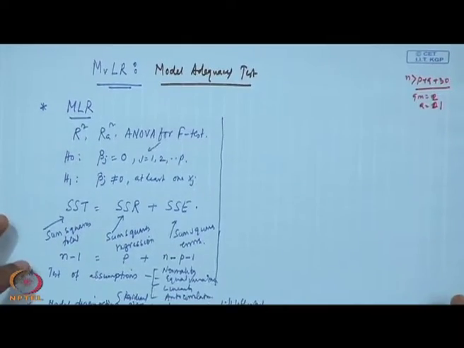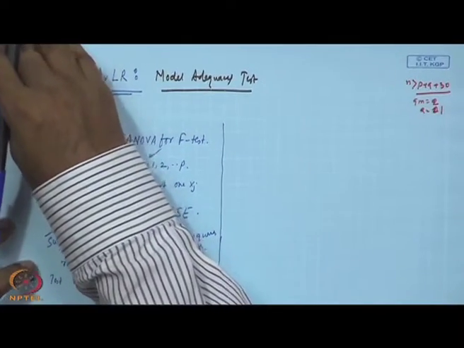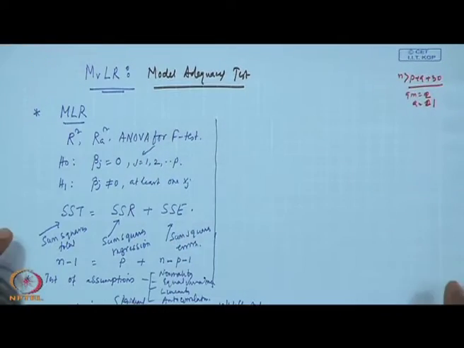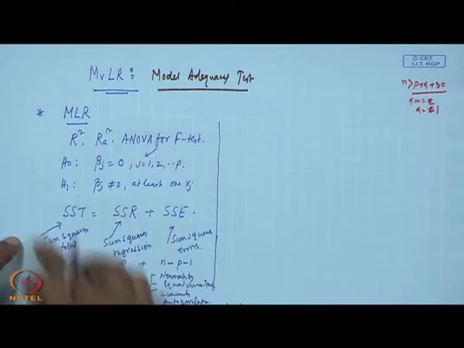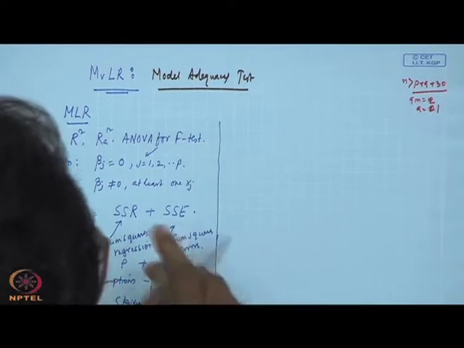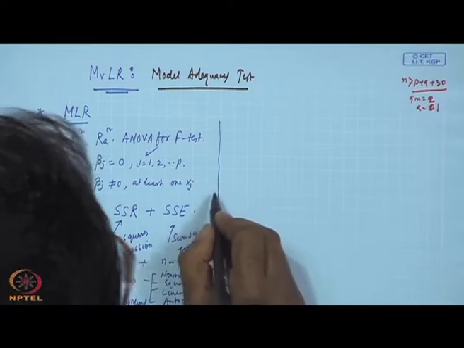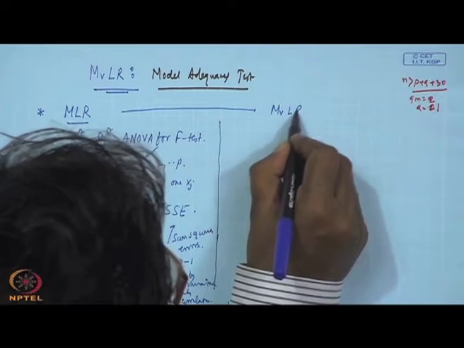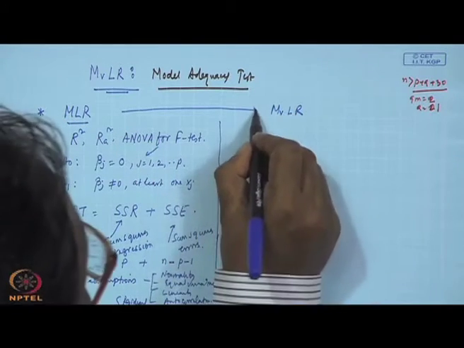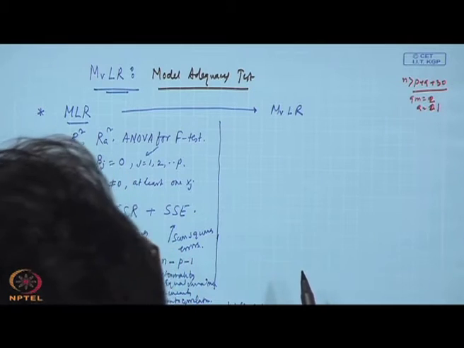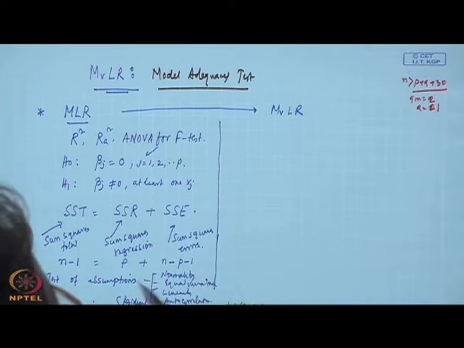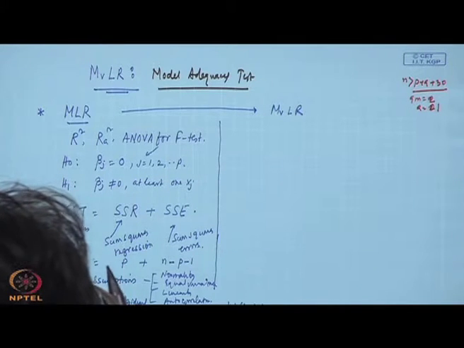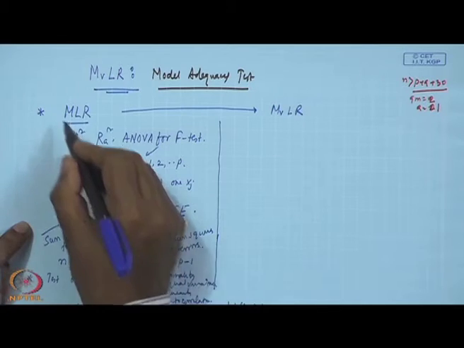Suppose SPSS, Minitab, SAS, CSTAT, Statistica, whatever software you use, ultimately you will get these outputs. So, we will see some analog from MLR to MVLR, that means multivariate linear regression. And if you use a little more imagination, you will find that it is just like MLR.